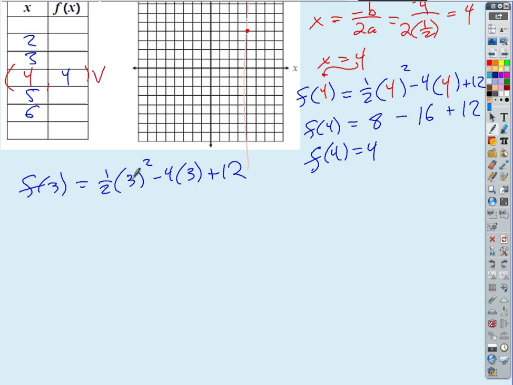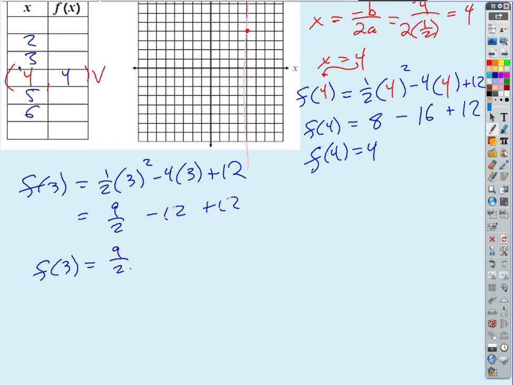I'm just going to multiply 1/2 times 9 over 1. So I get 9/2 minus 12 plus 12. Well, at least the 12's cancel, right? Those add to 0. And I end up with f of 3 equals 9/2.